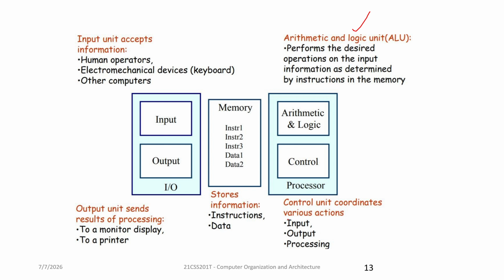Output unit. What is output unit? Output unit sends the results of processing. There are different output devices. One is monitor and the other is printer. What is the difference between monitor and printer? With a monitor, we can only view the result.